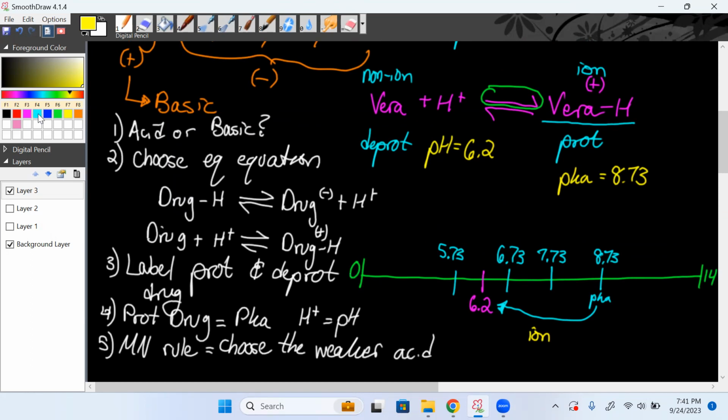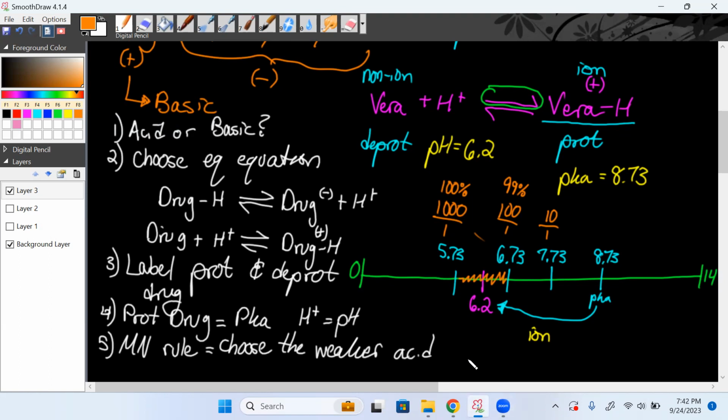So what we can do is we can use the rule of 10, and we can say that, okay, here we would have 10 over 1, then 100 over 1, and then 1,000 over 1. So our pH falls in between 100 over 1 and 1,000 over 1, which means that this would be 99% to 99.9%.